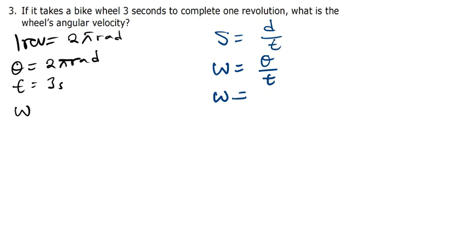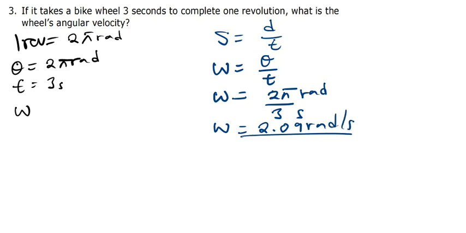So theta is 2 pi, I divide this by 3. This is in rad, this is in seconds. Our answer will be in rad per second. So 2 pi divided by 3 becomes 2.09 rad per second. That's the answer.